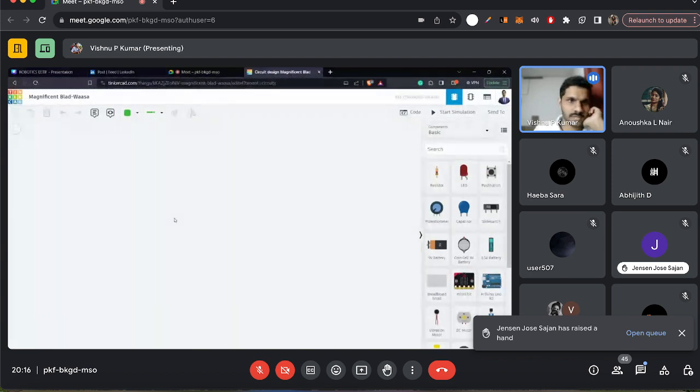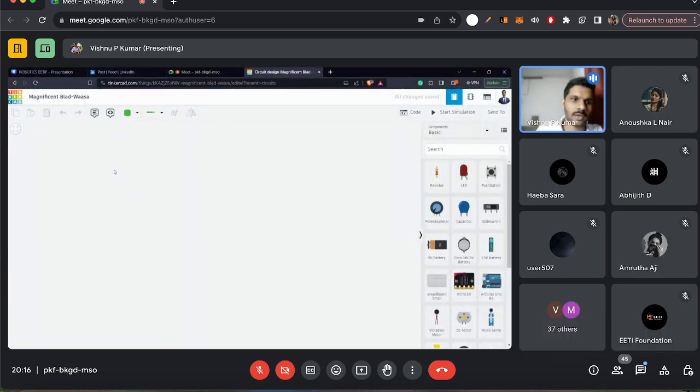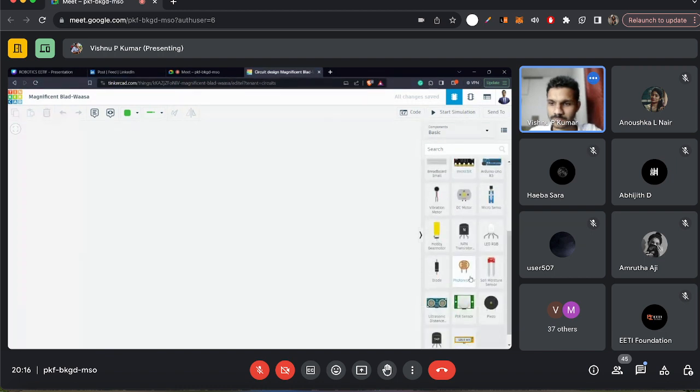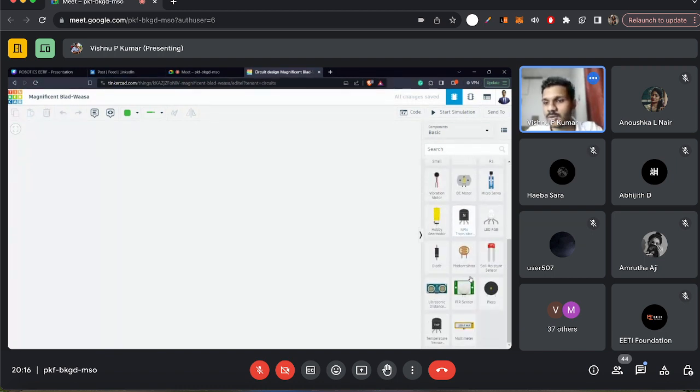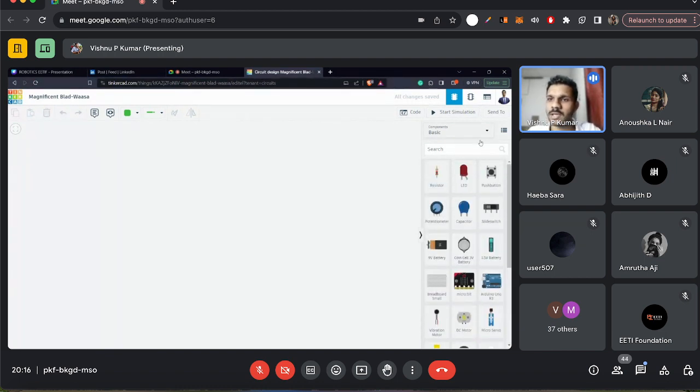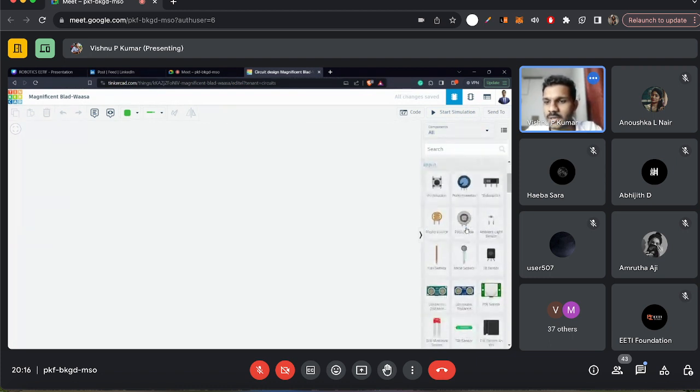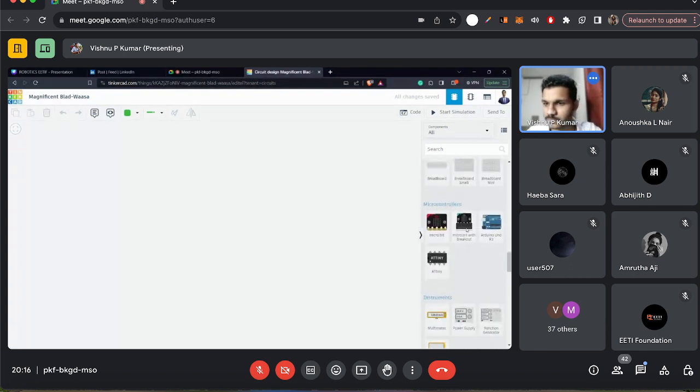This is the user interface of TinkerCAD, and this is your work area. This plain area is the work area. Here you can see the tools, sorry, the components. These are the basic components. You can toggle this to all, and you can see all the components over here.